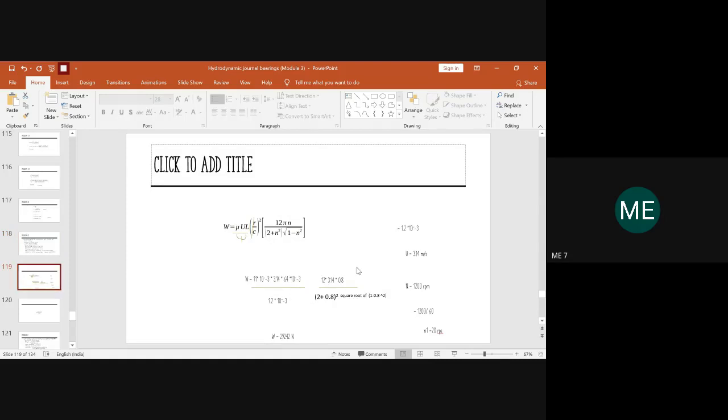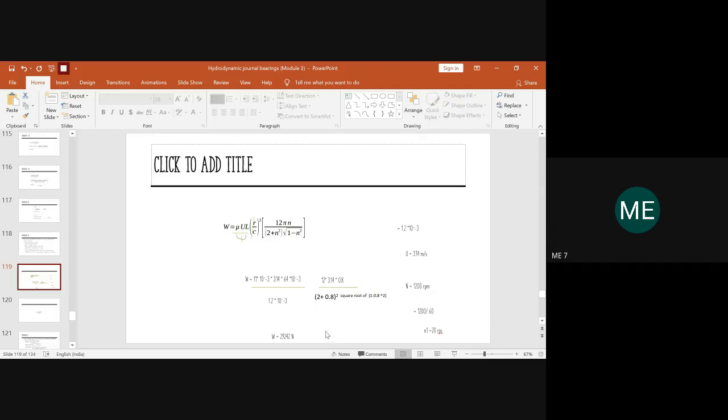So what we got is 1.2 into 10 raised to minus 3. So that we have written over here into 12 pi n. So 12 into pi value is 3.14 into eccentricity ratio is 0.8 divided by 2 plus 0.8 whole square into square root of 1 minus 0.8 whole square.